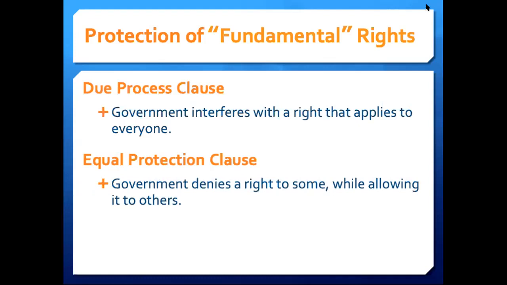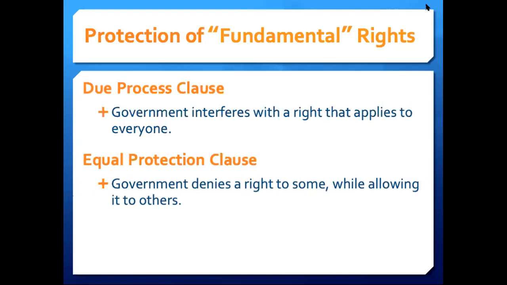Equal Protection Clause issues are triggered whenever we have the government denying a fundamental right to some people while allowing it for other people. So we typically think of Equal Protection Clause issues being raised if we have an issue of racial discrimination or discrimination on the basis of sex.